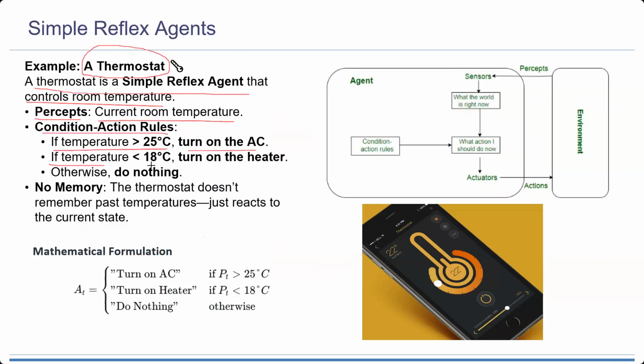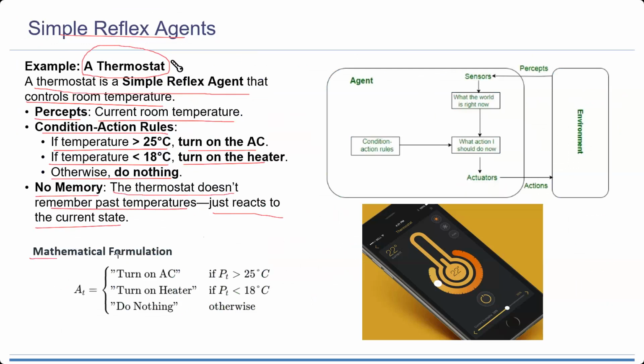If the temperature is less than 18 degrees Celsius, turn on the heater. Otherwise, do nothing. This kind of agent is very simple. No memory is needed because it reacts in real time directly to the environment. The thermostat does not remember past temperatures, it just reacts to the current state.